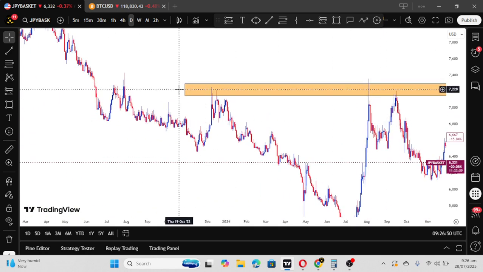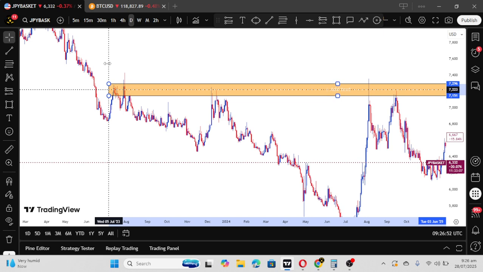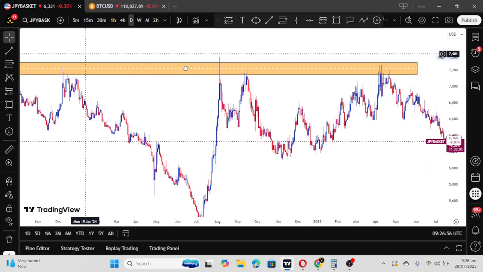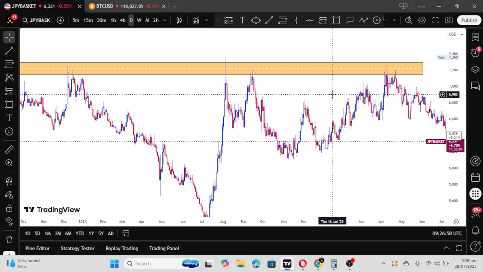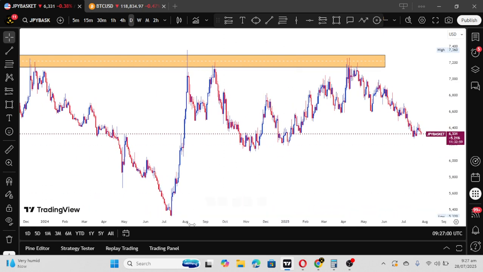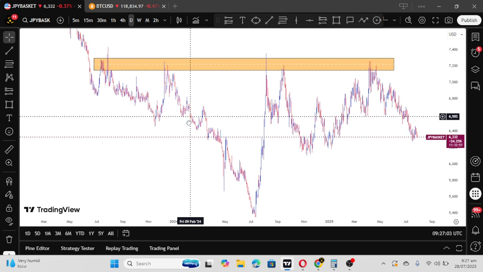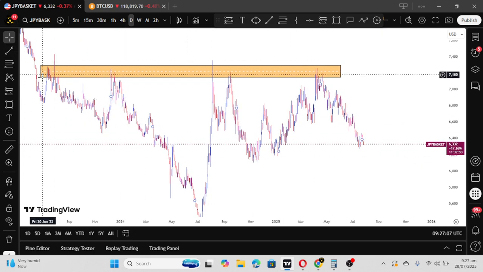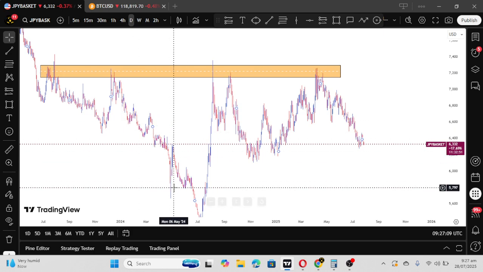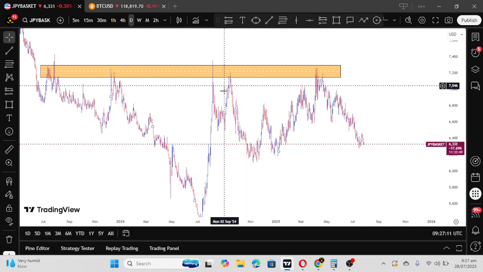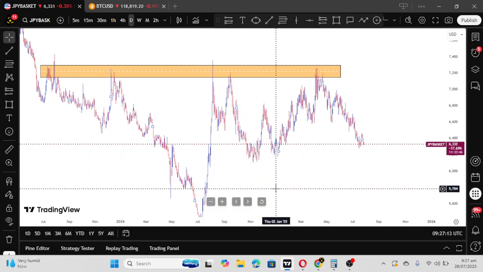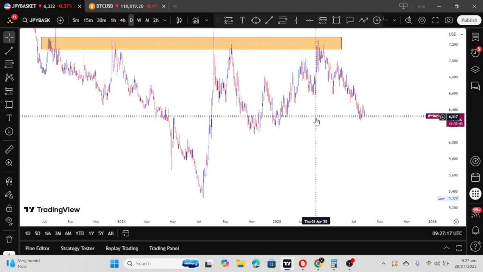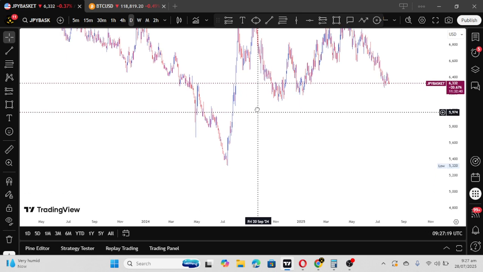From this point here, no candle has closed above that resistance zone. Whenever the price taps in there, it falls back, taps in again to make a new low, falls back, and taps in to make a new low. That's all that has been happening on the JPYX.